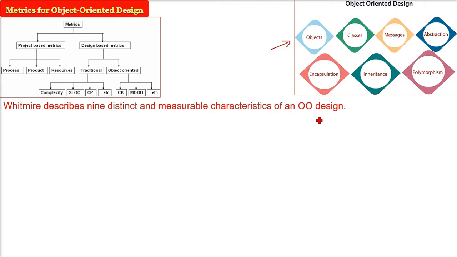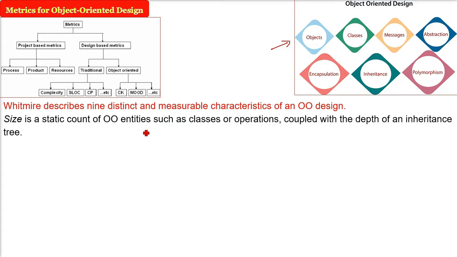So Whitmire describes nine very distinct and measurable characteristics of an object-oriented design. Size is a static count of these object-oriented entities like the classes or the operations, or the depth of the inheritance tree, combined with the size.